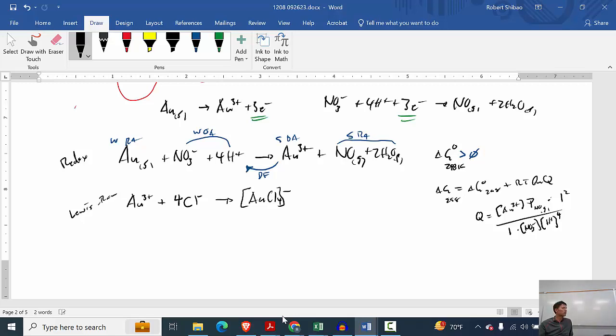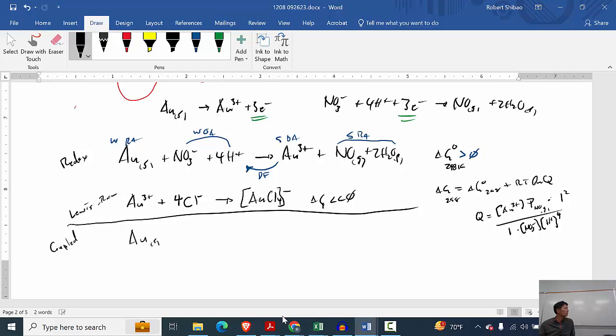And it turns out the formation of this is very favorable. Delta G is quite negative. And so what we do is we add up or combine these. We're going to couple these two reactions. And so what we end up with here is gold solid plus nitrate plus 4H plus.